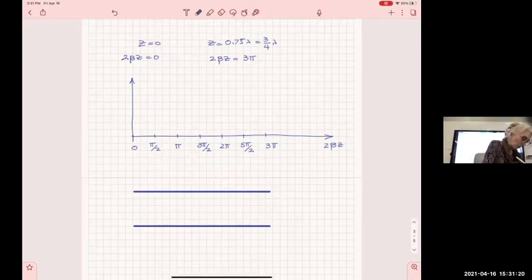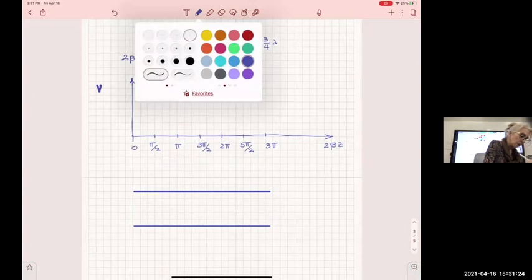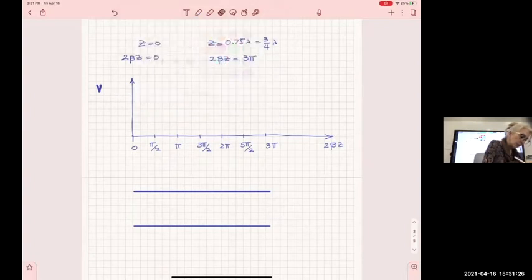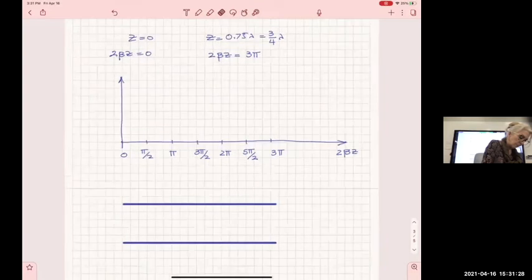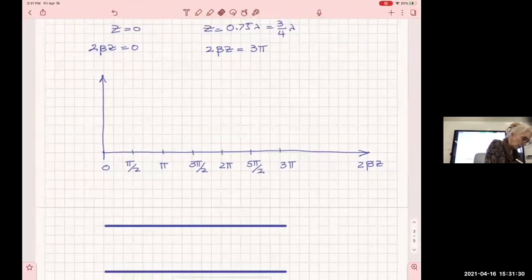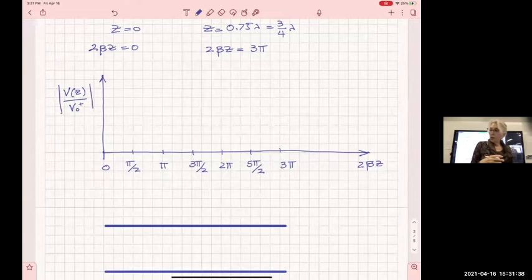So what I'm going to plot is this one, V of z, divided by V naught plus, which is a constant, along this.